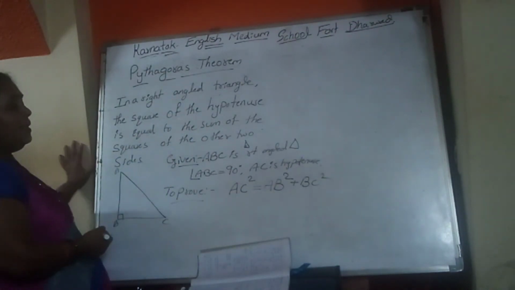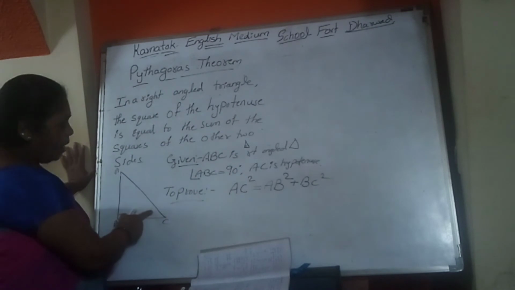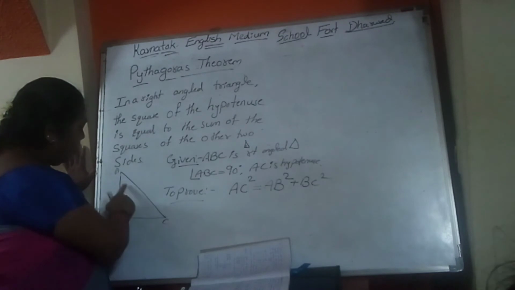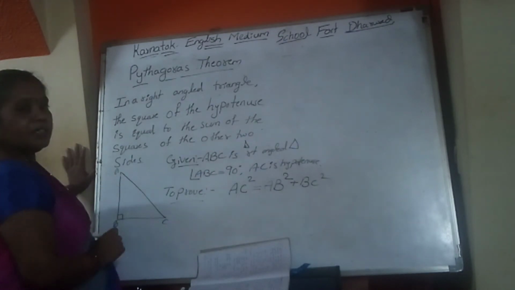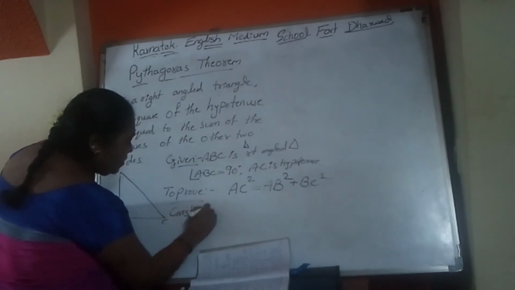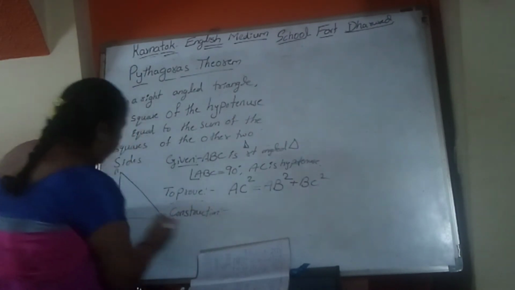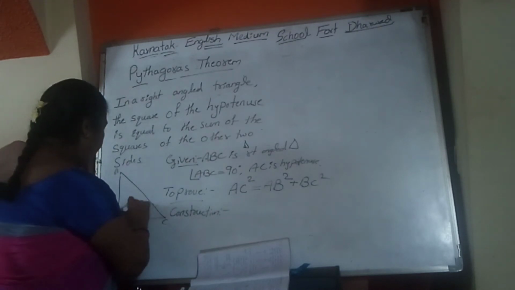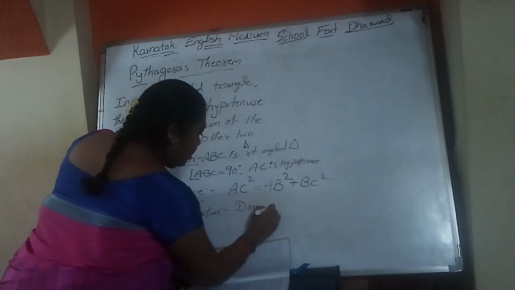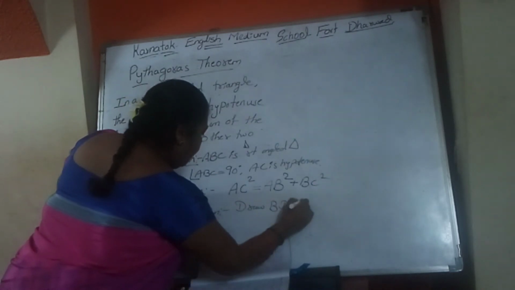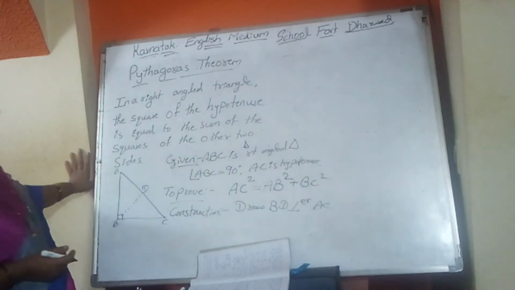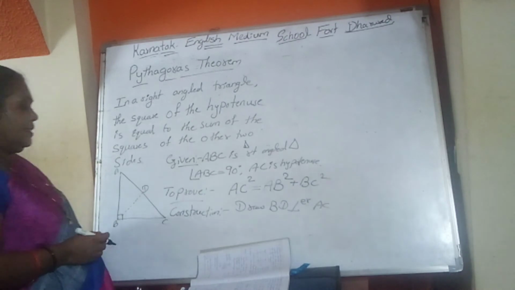We can prove AC square is equal to the sum of the squares of the other two sides. Some construction. What is that construction? Draw BD perpendicular to AC.